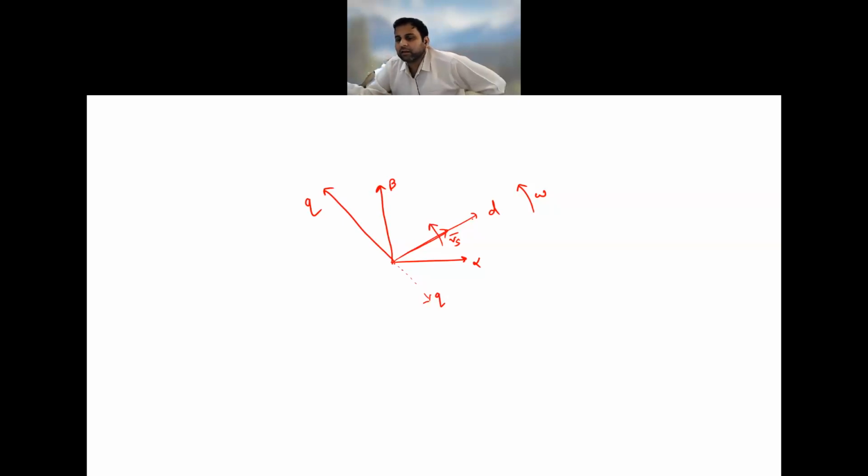But there is no hard and fast rule, it is just a mathematical representation. You can define it on the other side as well. So that is the answer to that particular query.